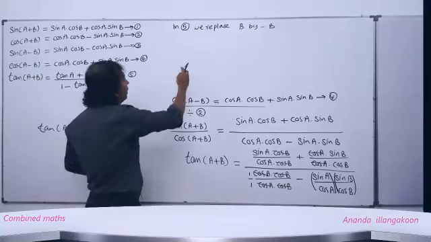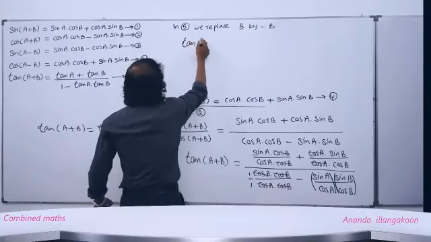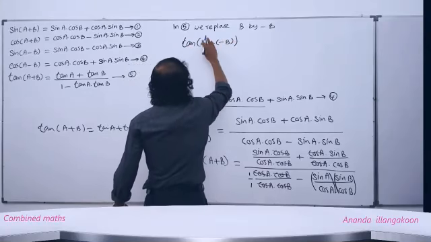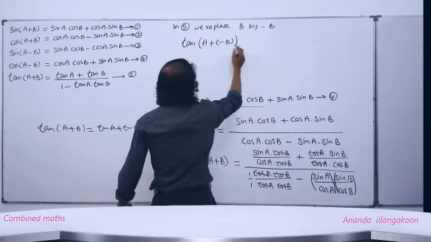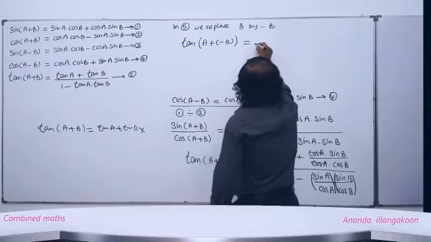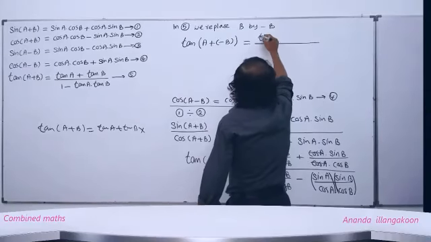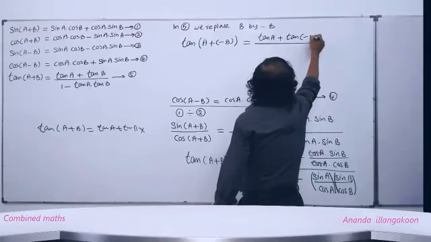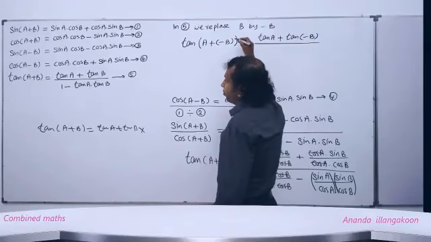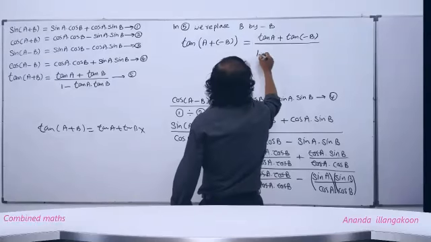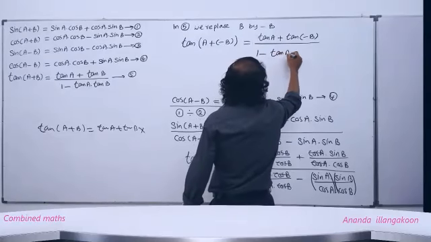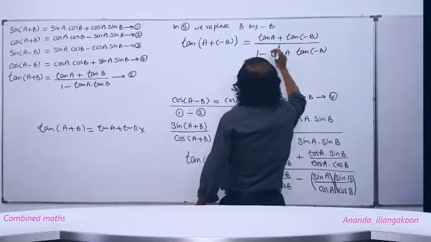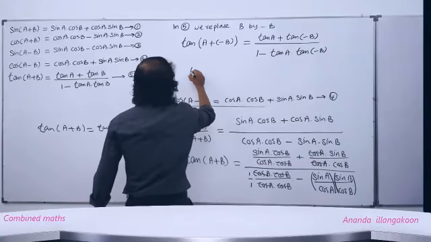Right, then what do you get there? Tan A plus minus B equals tan A plus tan minus B, because we substitute minus B for this B, divided by 1 minus tan A tan minus B. Plus and minus make minus.